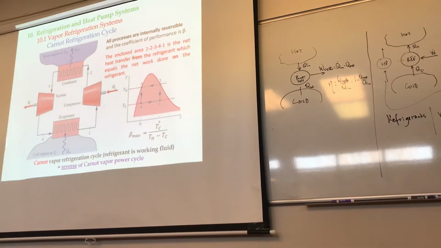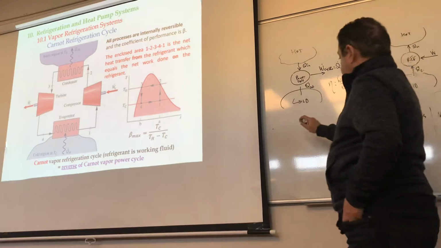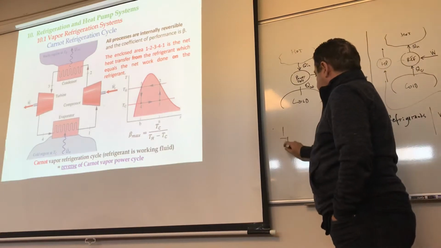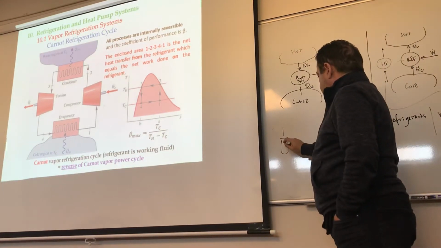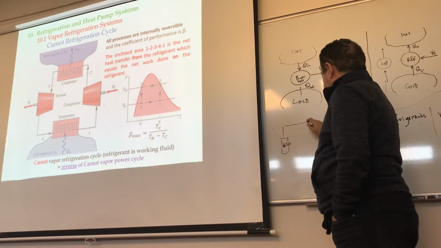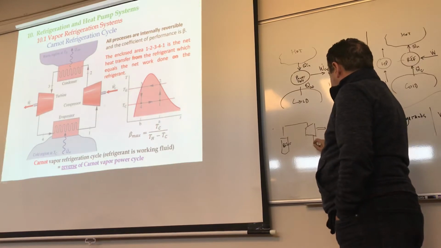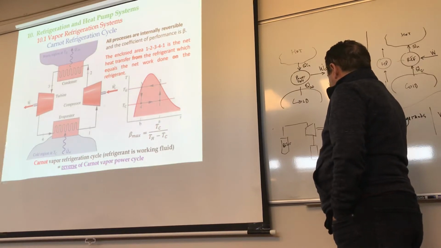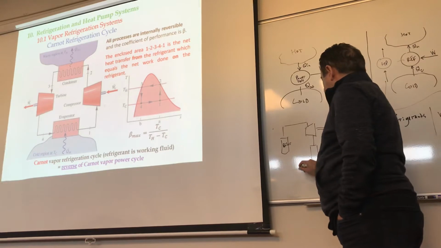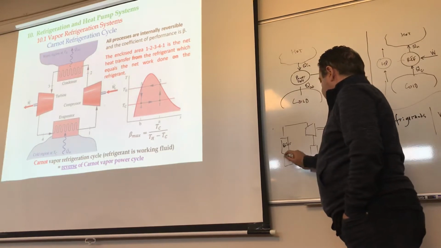Let's take a look at this figure here. As you remember here in the vapor power cycle, what we typically have is a boiler, right? And then we come into a turbine, and then condenser, and then come back here, pump, and then come back in here, right?